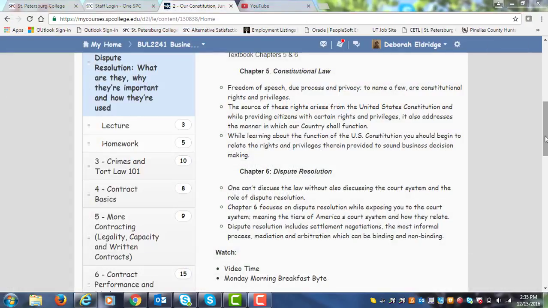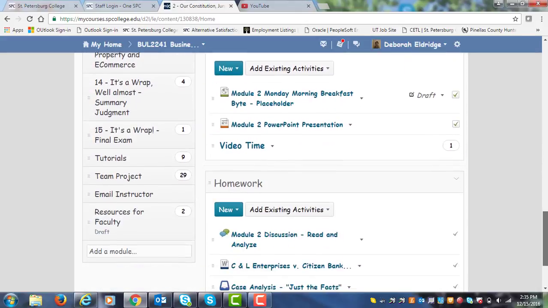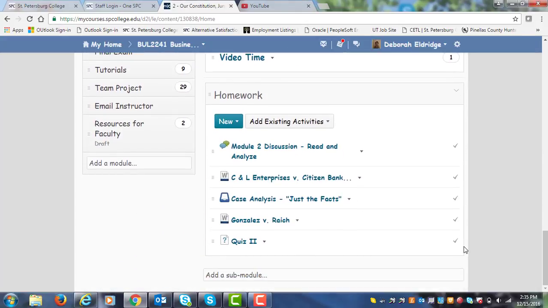And let's take a look quickly at the homework for this week. The homework for this week involves the Module 2 discussion. You're going to read and analyze the case that's provided there, which is C&L Enterprises versus Citizens Bank. And you're also going to analyze Gonzalez versus Raich.